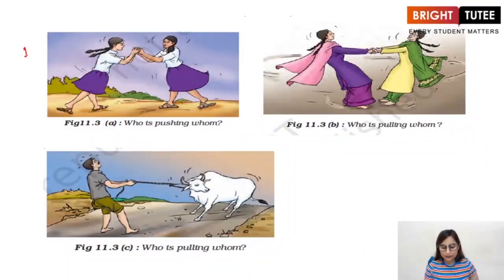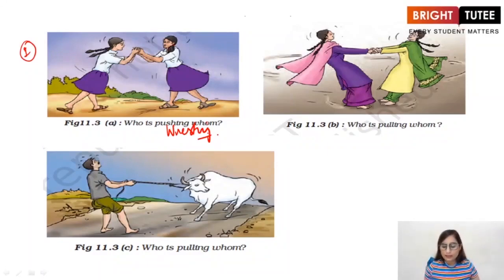In the first picture, basically, two girls are rotating around each other, holding hands, right? But they are basically wrestling. What happens in wrestling? One person may be picking the other person up or pushing the other person.